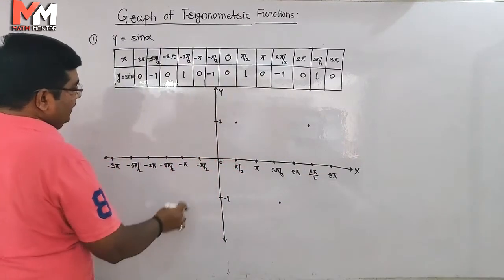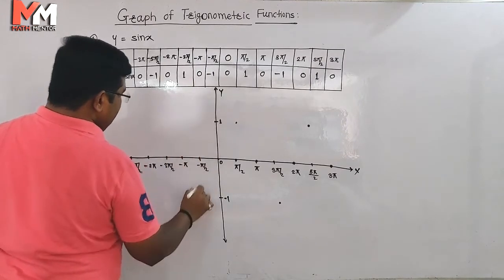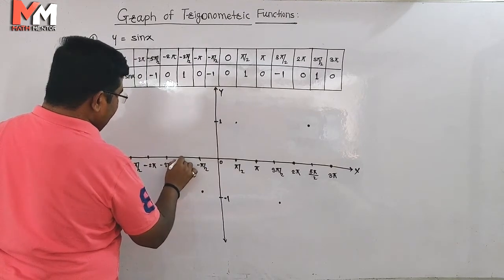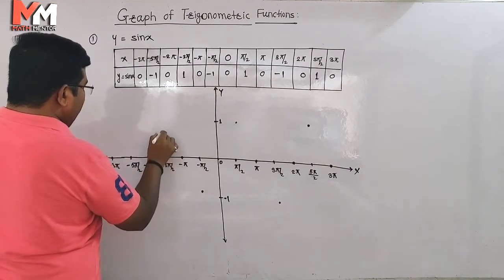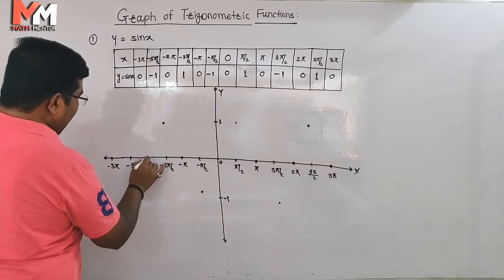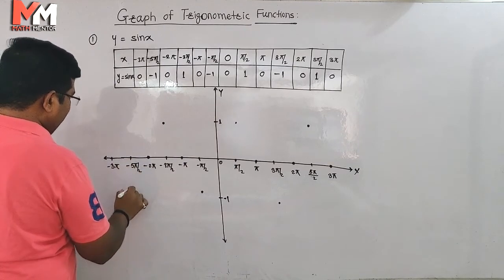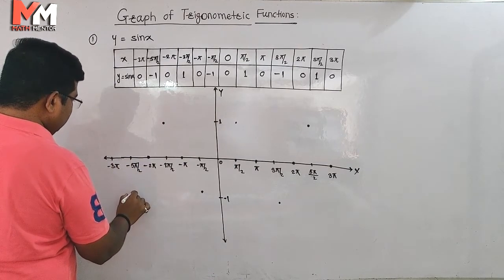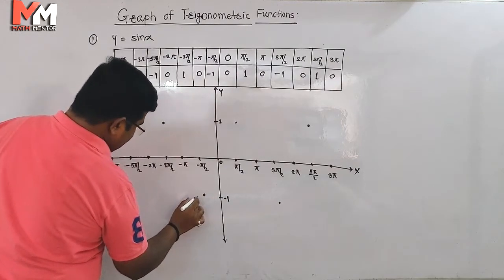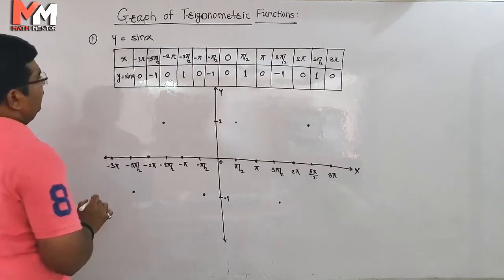To the left hand side, sin of minus pi by 2 is minus 1, sin of minus pi is 0, sin of minus 3 pi by 2 is 1, sin of minus 2 pi is 0, sin of minus 5 pi by 2 is minus 1, sin of minus 3 pi is 0.